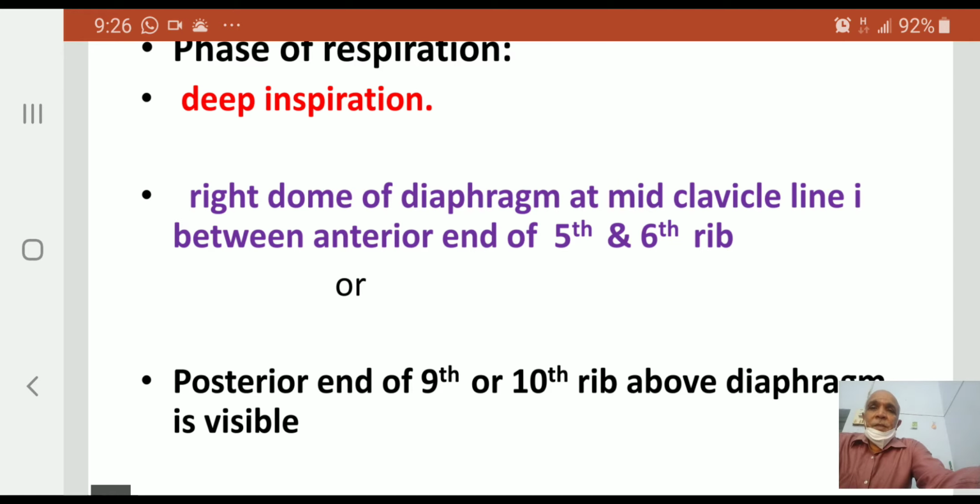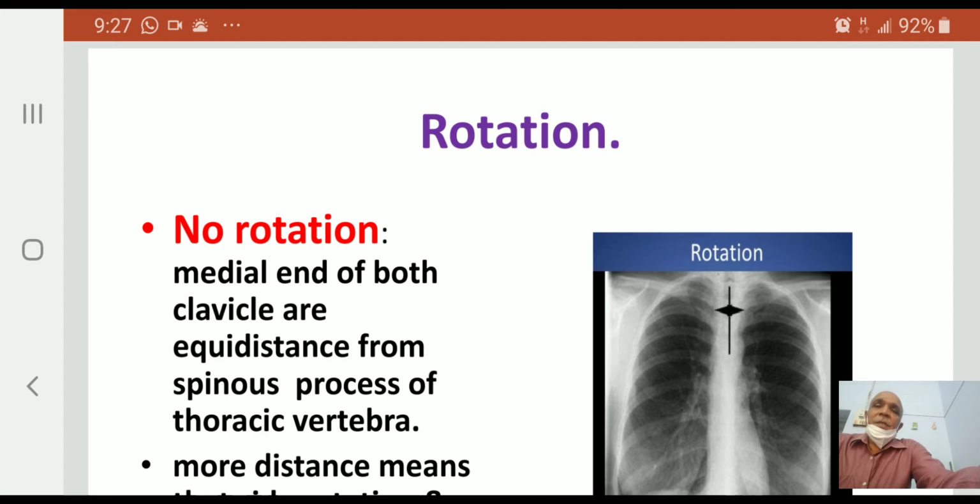Rotation. The medial end of the clavicle should be equidistant from the spinous process of the thoracic vertebrae. The spine is a vertical, centrally situated structure.